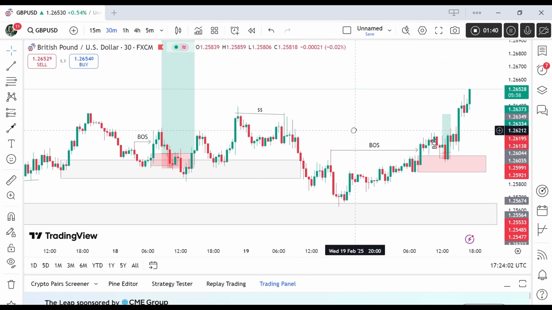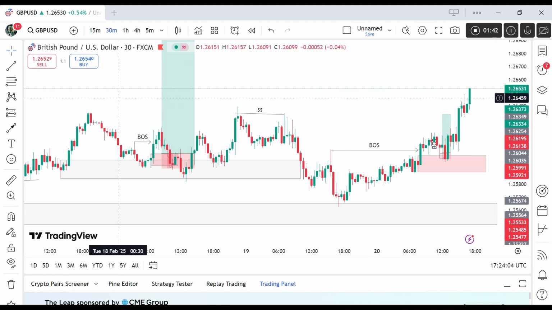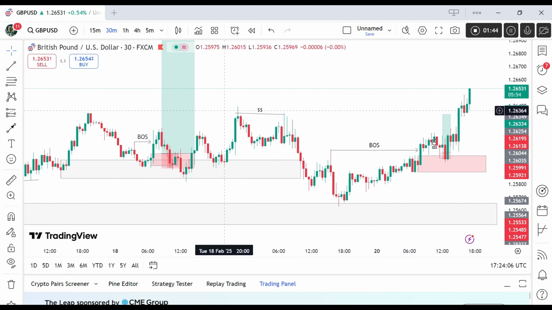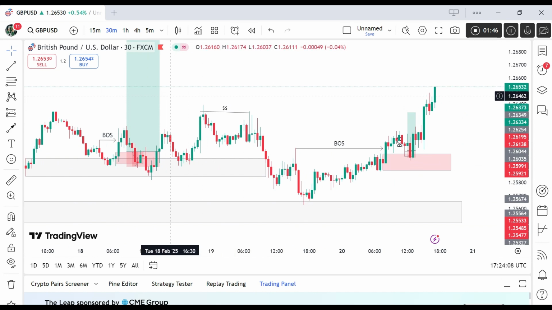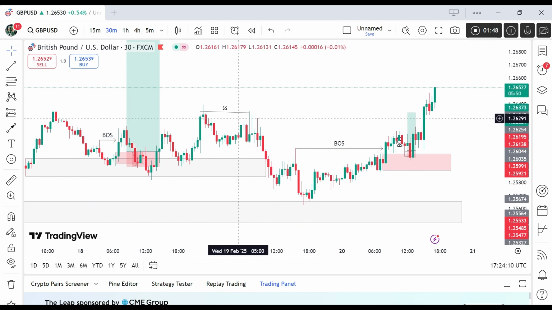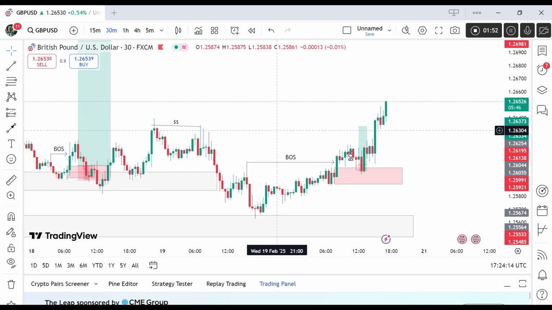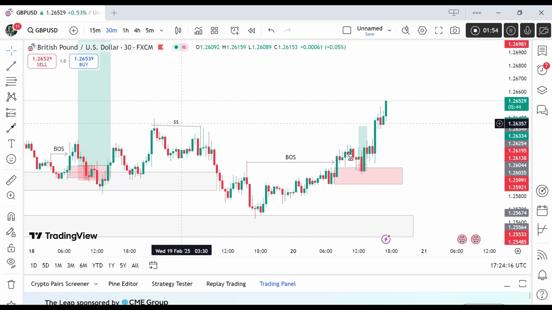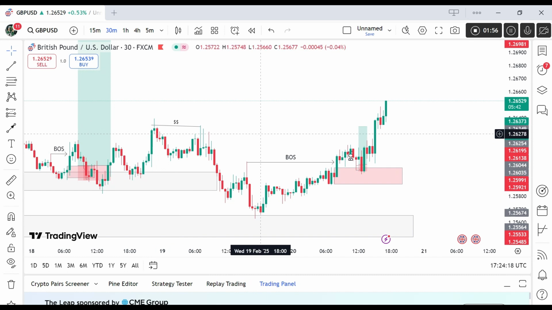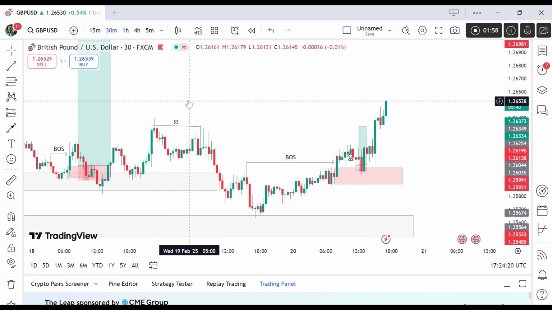You can see we have liquidity built up here. From this zone, price was just respecting this level, right? This liquidity even gives us confirmation that price will surely come and liquidate this side, and then continue to go through on that side.